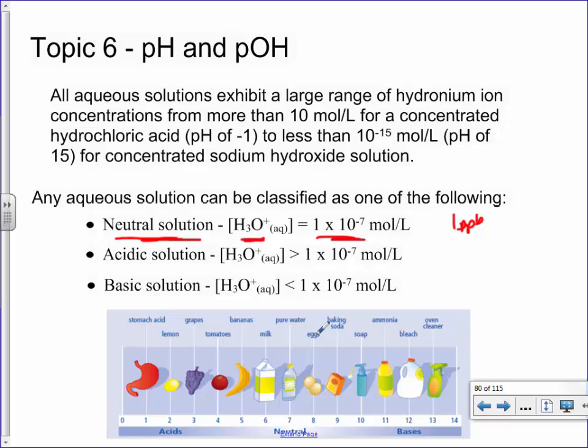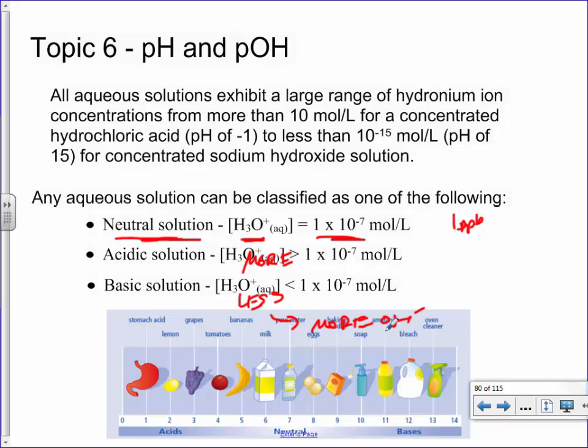Based on that, 1 part in a billion means that the H3O concentration of water is this, and that's considered neutral. If you have extra hydroniums compared to water, then you're acidic. If you have fewer hydroniums than normal, then you're a base. If you have fewer hydroniums than normal, you must have more hydroxides instead.